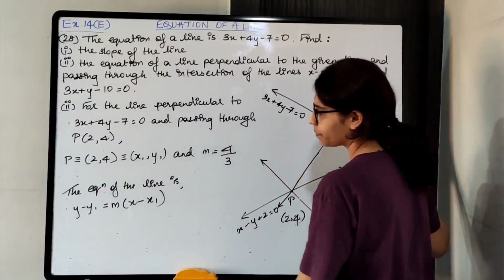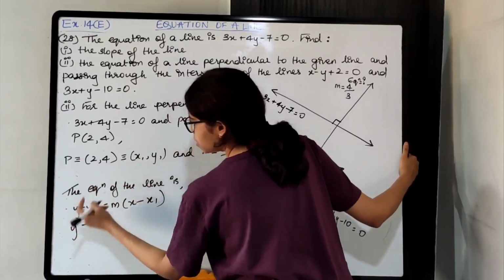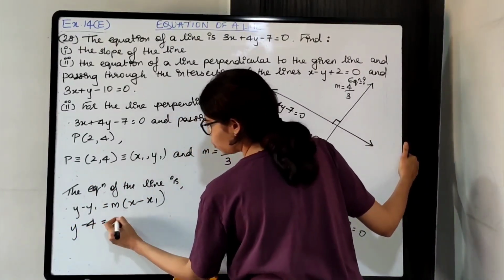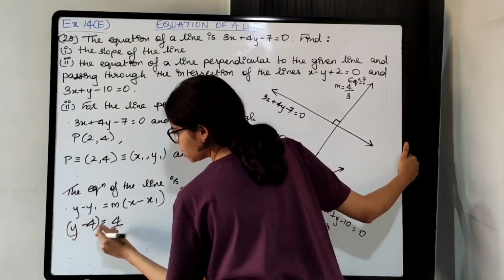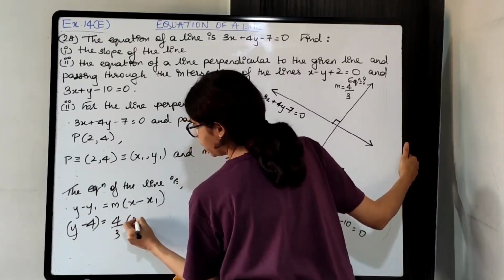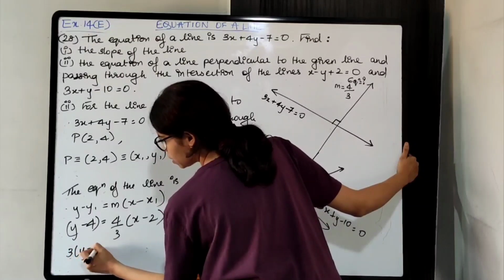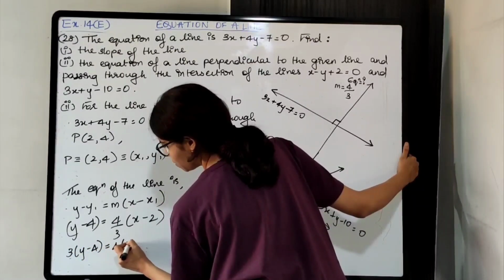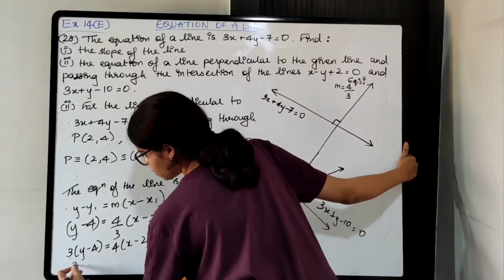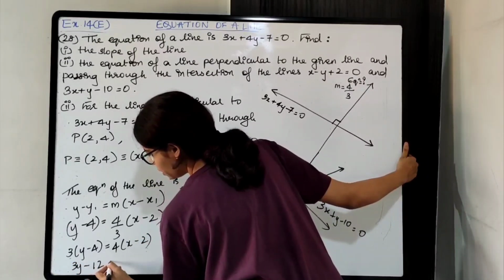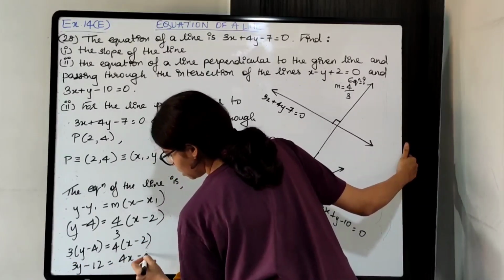Okay, y1 is 4, m is 4/3, put brackets because 3 यहाँ पे shift होगा, x minus x1 is 2, so 3 into y minus 4 is equal to 4 into x minus 2, so that gives 3y minus 4 3s are 12, 4x minus 8.